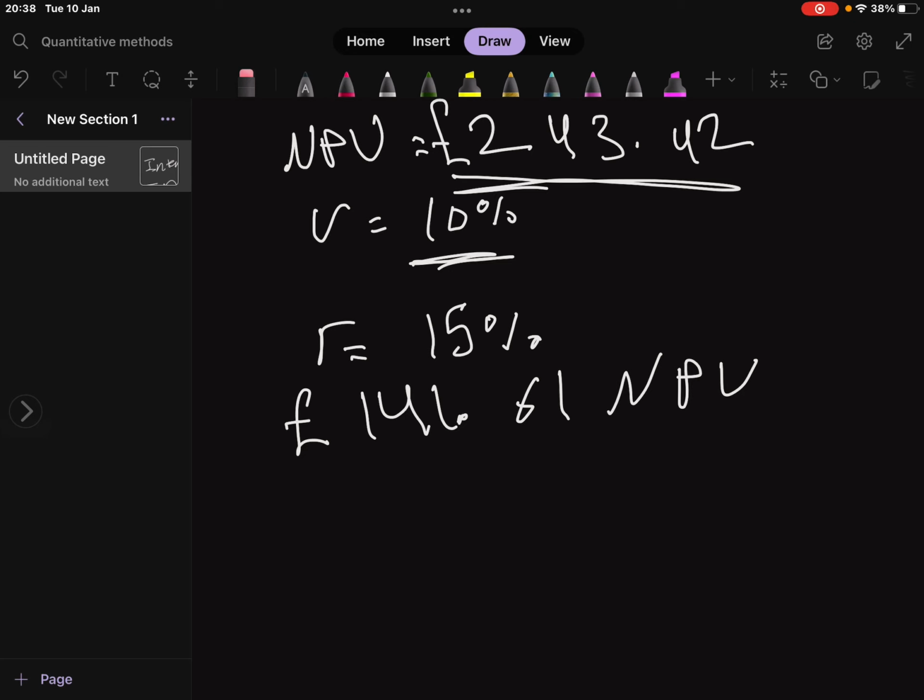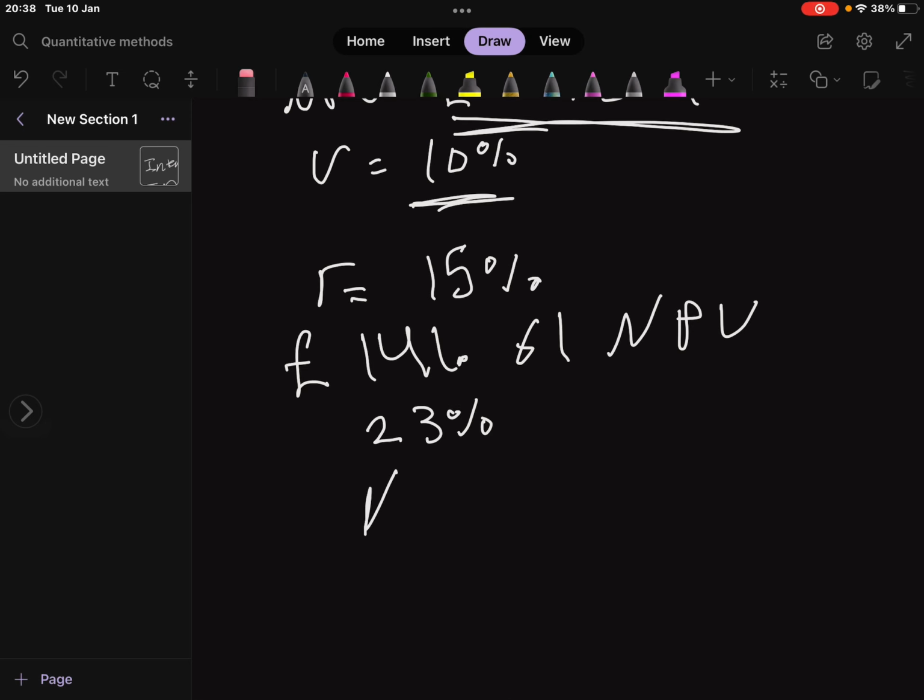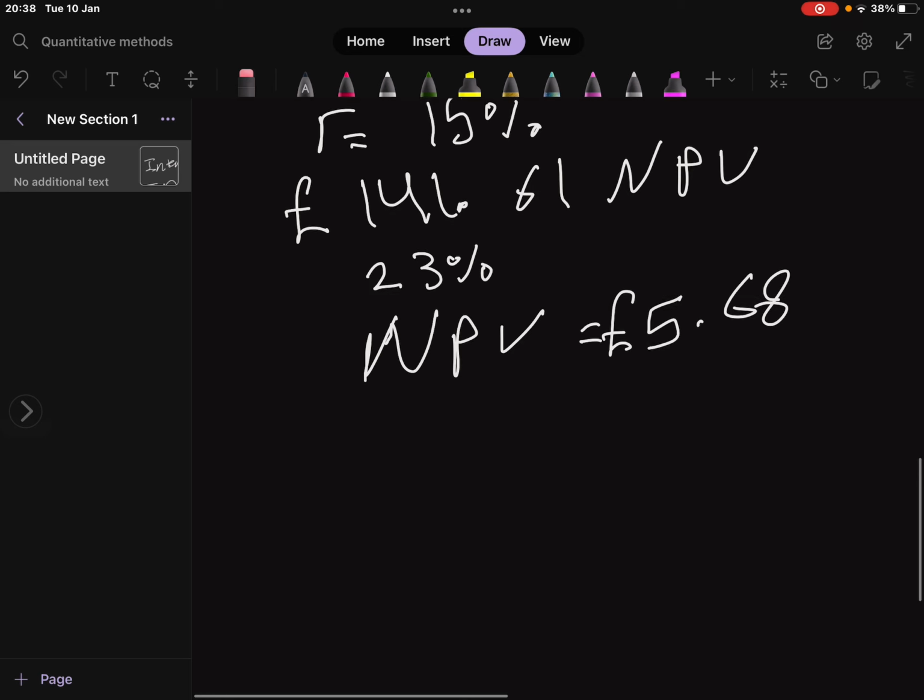It gives us a positive result. If it's 23%, it will give us an NPV equal to £5.68. So I think if the discount rate is higher than 23%, it will result in a negative value.